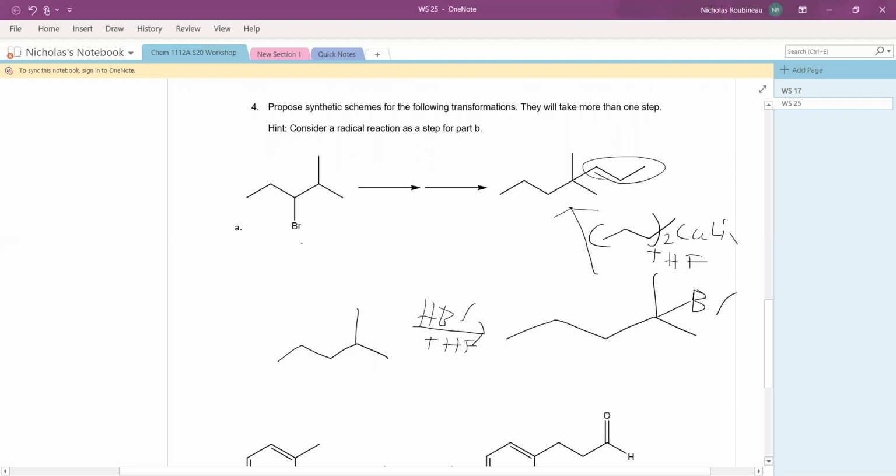I'll go ahead and say you had the right reaction going backwards, and let's just say we had an alcohol here. We did an SN1 substitution to replace the alcohol with a bromine. Okay, so how could we have gotten an alcohol on this position?